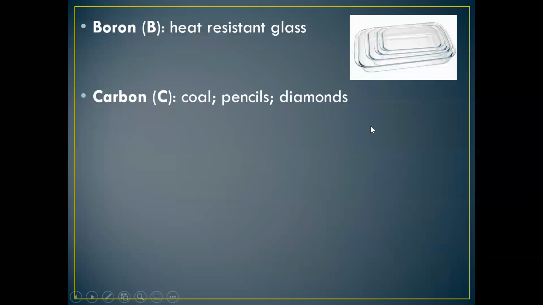Carbon, which is a nonmetal, has many different uses. Carbon is mined from the ground and its pure form is charcoal or coal. The graphite in pencils, although we say pencil lead, it's actually carbon-based. And then diamonds are made from pressurizing carbon at an extreme pressure and heat underneath the earth.